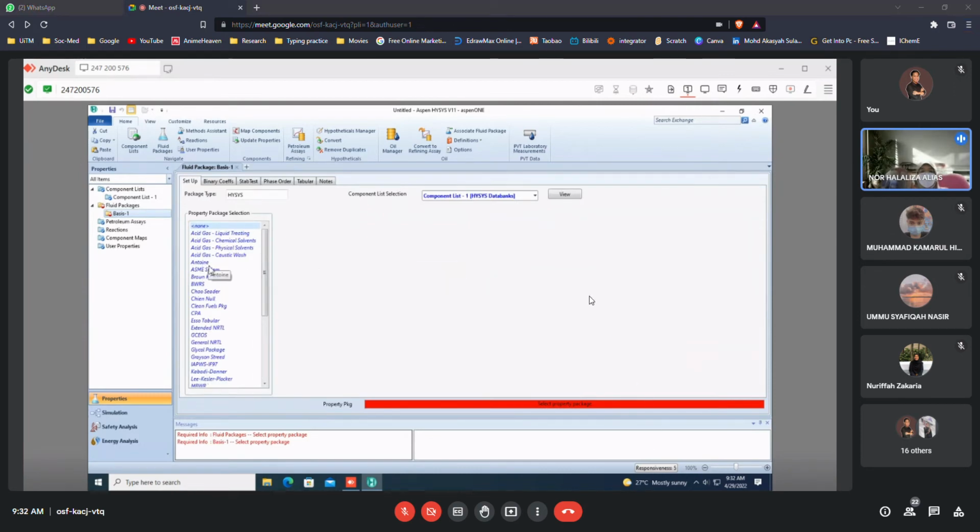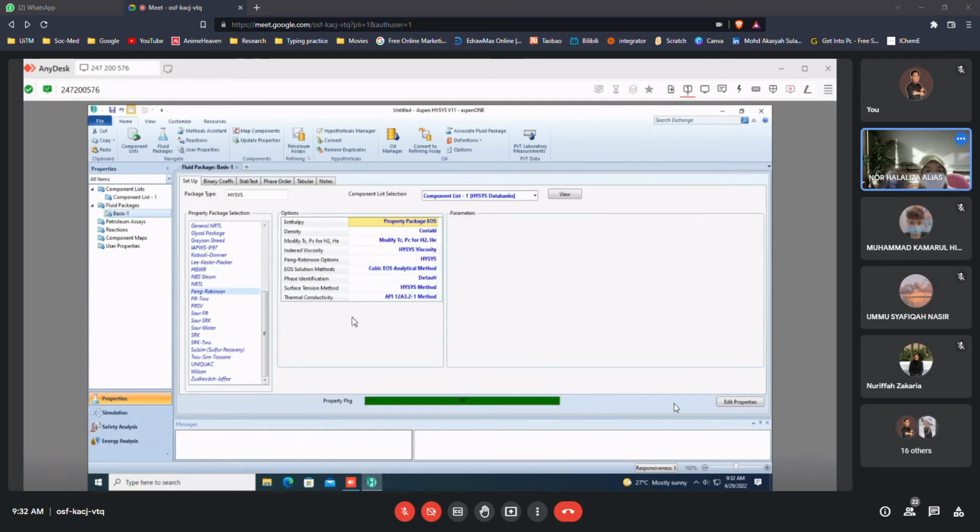Kat sini macam-macam ada: Antoine, ASME, NRTL, semua ada. Okay, tadi apa tadi? Peng-Robinson. Okay, good. So you go for Peng-Robinson. Macam tadilah keluar semua properties kat sini and then it is green color converge, so it means it is okay.